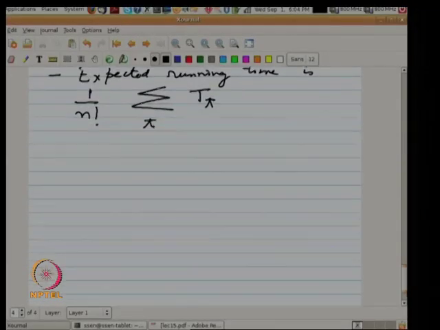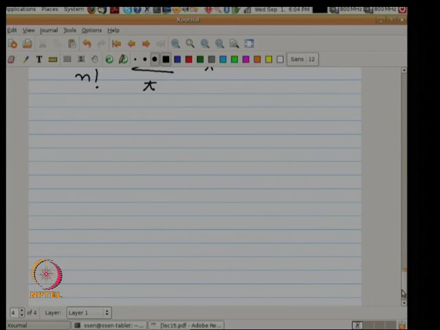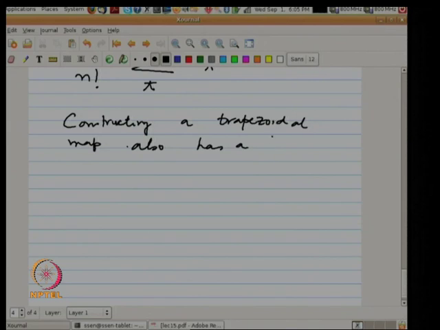The other thing that I would just draw your attention to quickly is that constructing the trapezoidal map also has a byproduct in the form of a point location data structure.